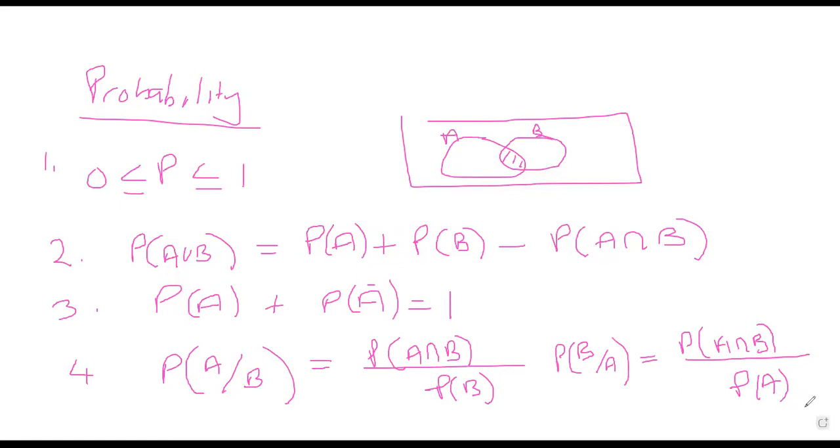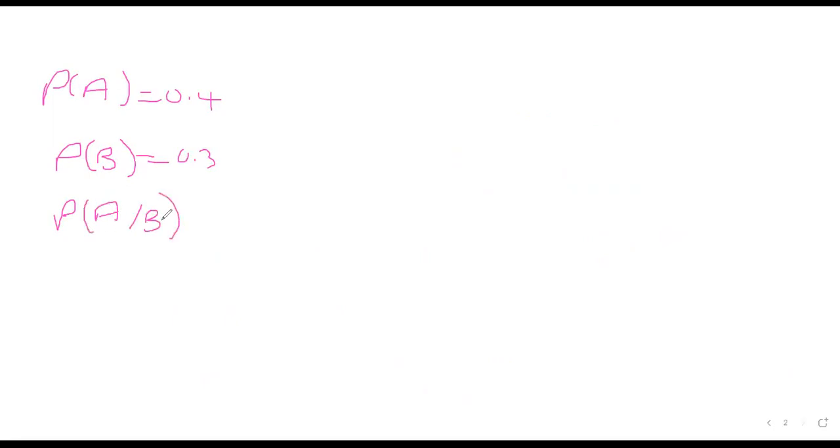Now, based on this theorem and these axioms, I will look at the following question. If the probability of A is 0.4, the probability of B is 0.3, and the probability of A given B is 0.2, we shall find the following.